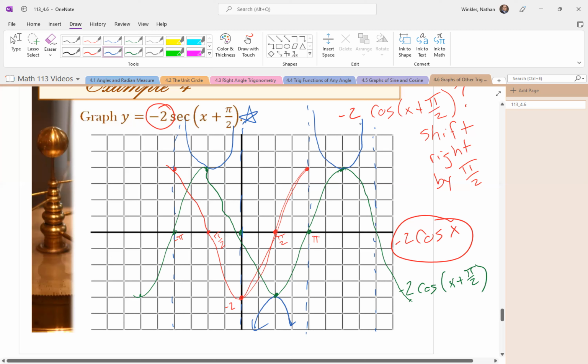This one does this. This one does that. And this one does this. So the blue would be our -2 secant of x plus pi over 2. We're just using our transformation techniques. It is a little bit involved when we do this by hand because we have to build up everything.